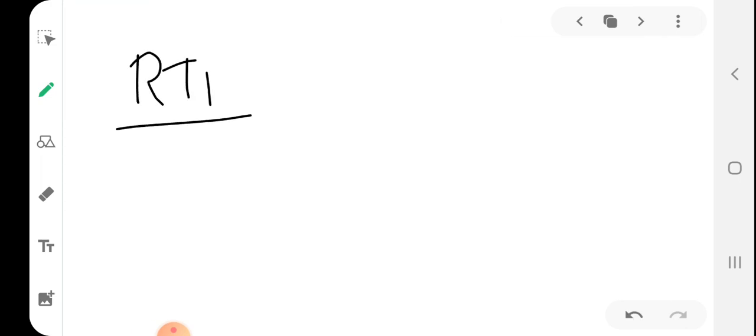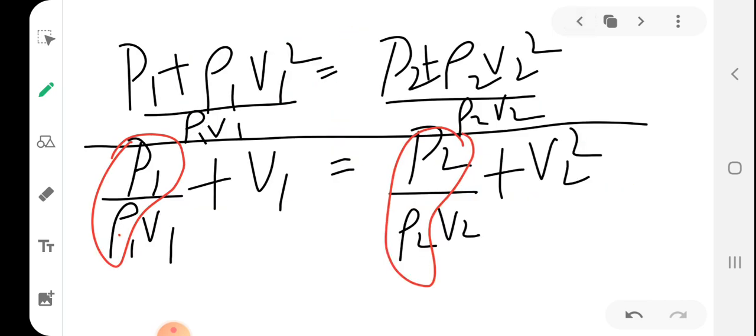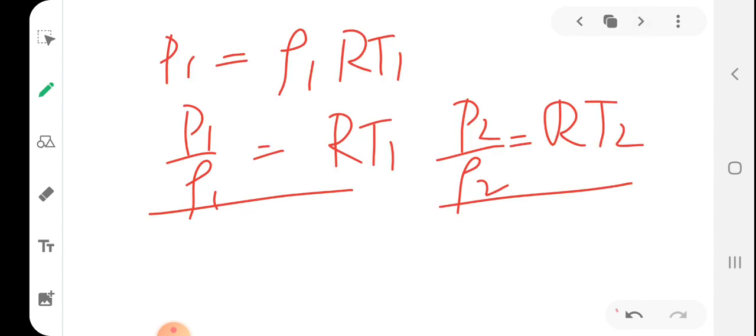So RT1 by V1 minus RT2 by V2 is equal to V2 minus V1, since I have taken V1 to the RHS.